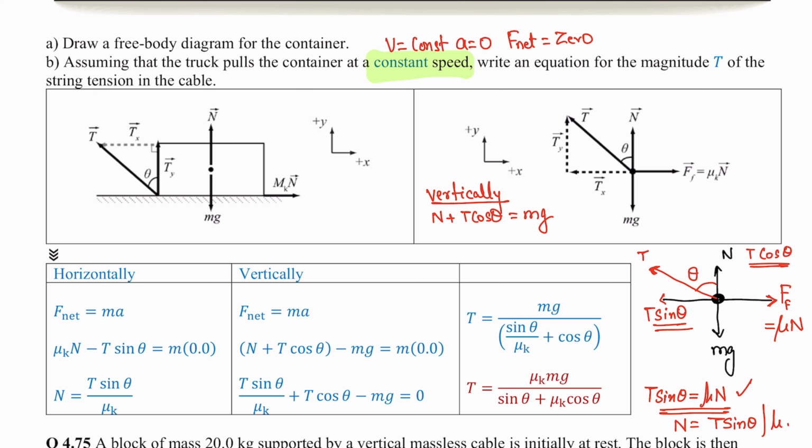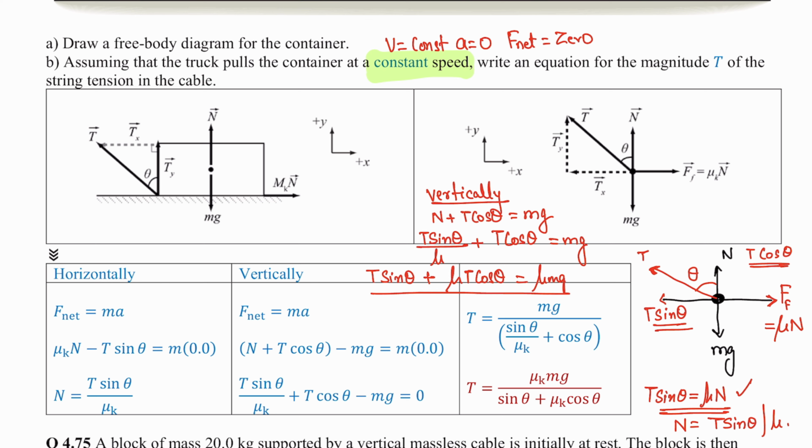N we already found, so T sine theta divided by mu plus T cosine theta is equal to mg. Fine. Okay, multiply with mu on all sides. So what you will get: T sine theta plus mu times T cos theta is equal to mu times mg.